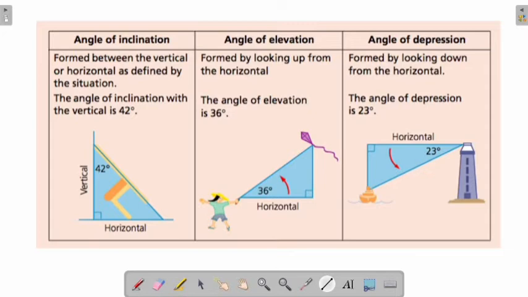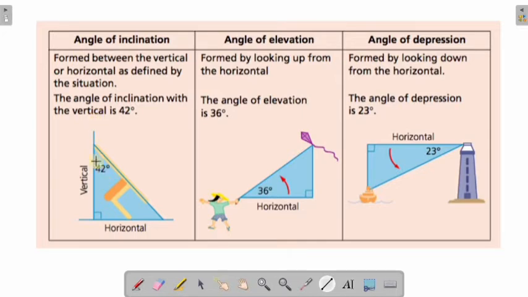Now from the definition, angle of inclination will be formed between the vertical or horizontal as defined by the situation. So the angle formed with the vertical line or horizontal line is called the angle of inclination.